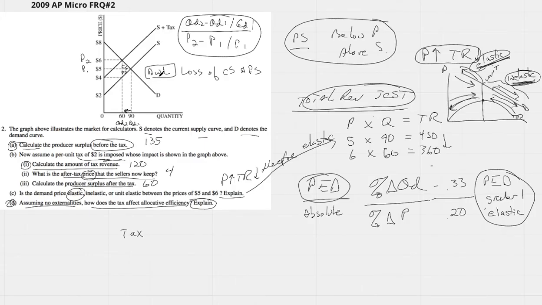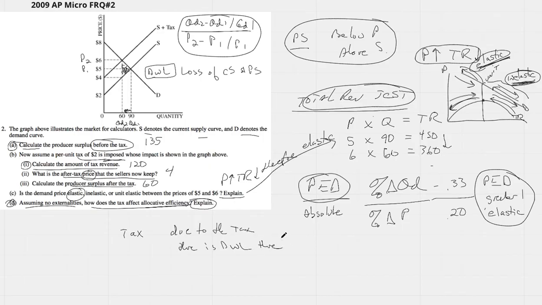We have deadweight loss. If we have deadweight loss, we can't be allocatively efficient. So we would say, how does the tax affect allocative efficiency? I would just say due to the tax, there is deadweight loss.